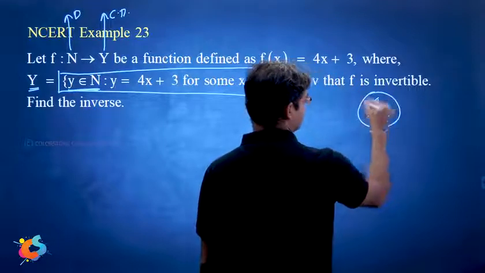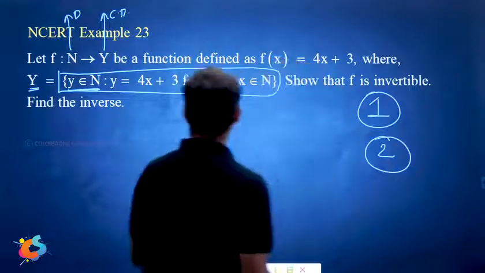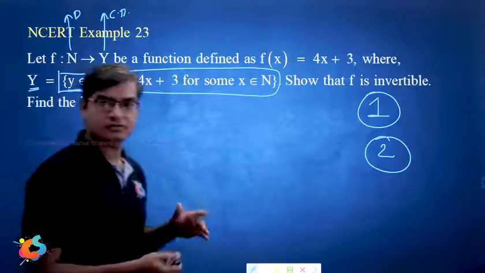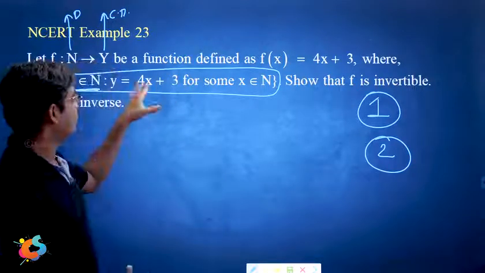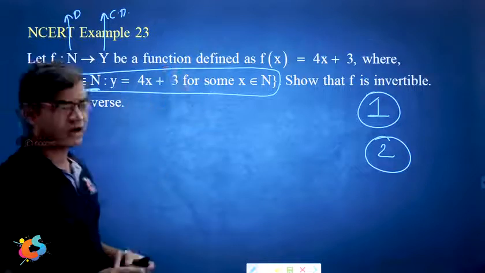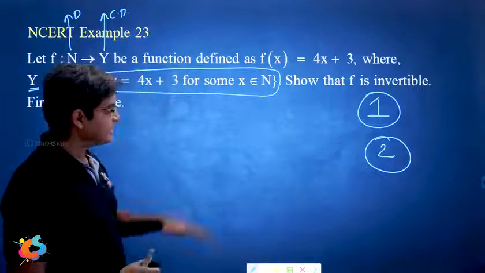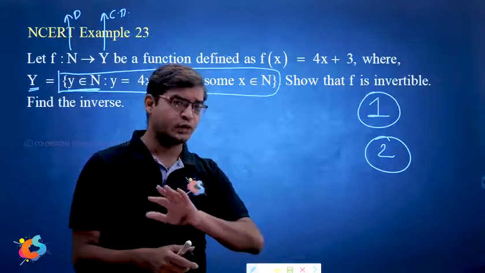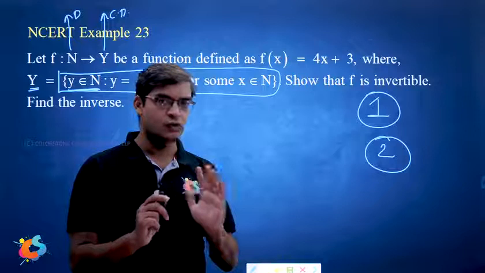Next important point is, why are they defining such a big set Y, where y belongs to N? It looks a little complicated: y is equal to 4x plus 3 for some x belonging to N. Now, this part of the explanation, if you are preparing for boards, you can absolutely forget it. There is no problem at all.